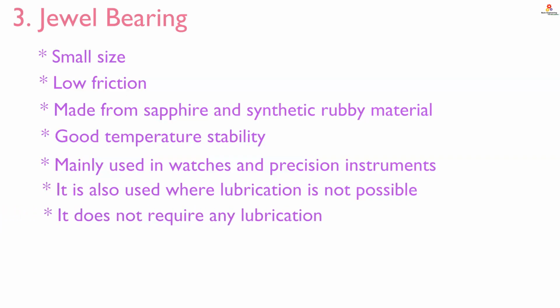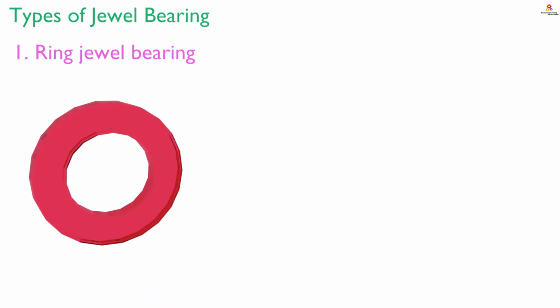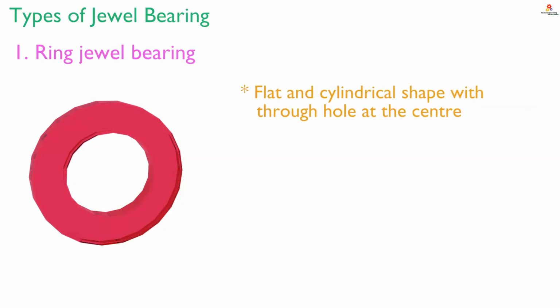Now we will see the types of jewel bearings. First, ring jewel bearing. This is flat and cylindrical in shape with a through hole at the center. This bearing is used in watches and instruments.